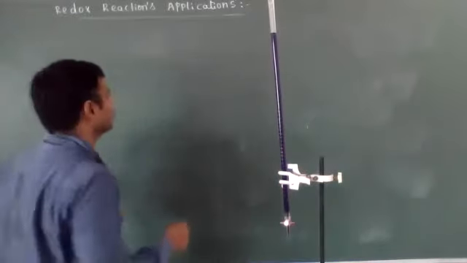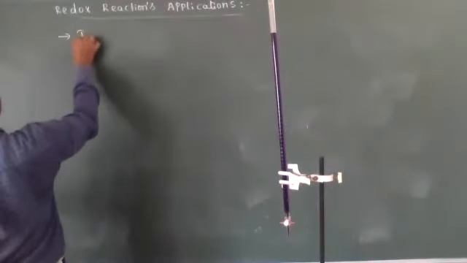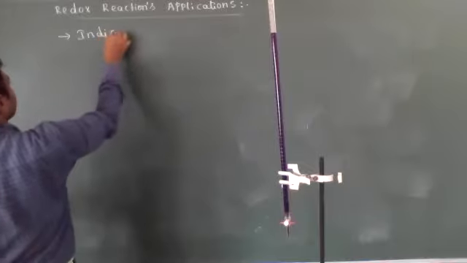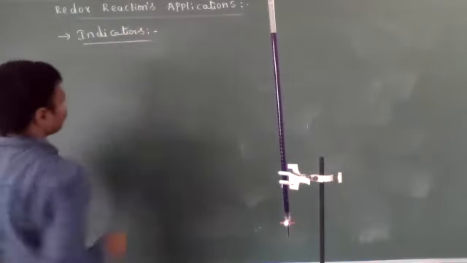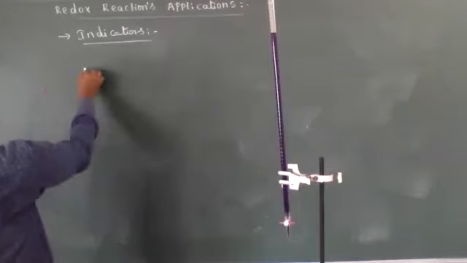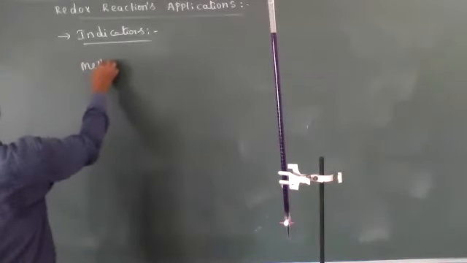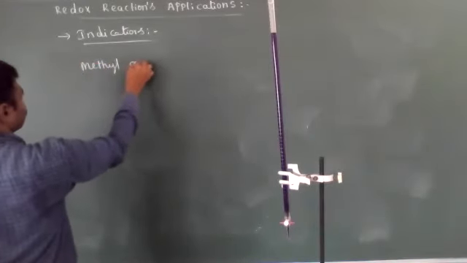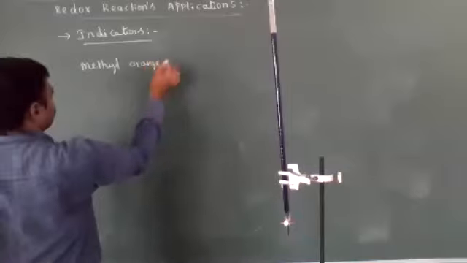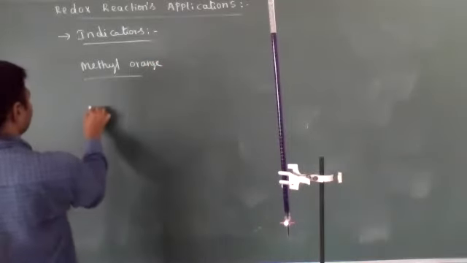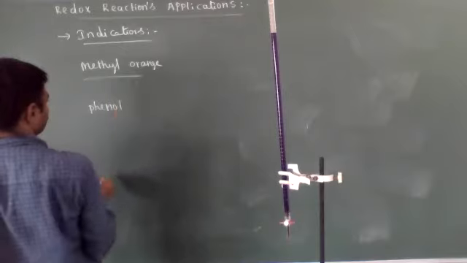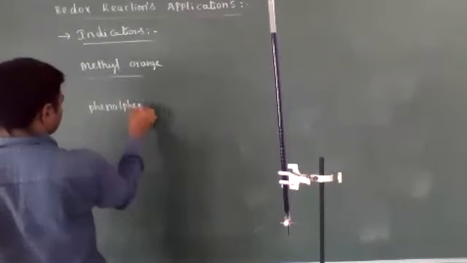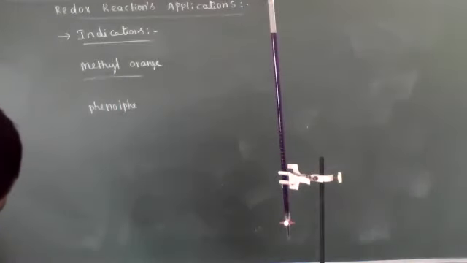Okay students, see the indicators. One is methyl orange indicator, and the second one is phenolphthalein indicator.